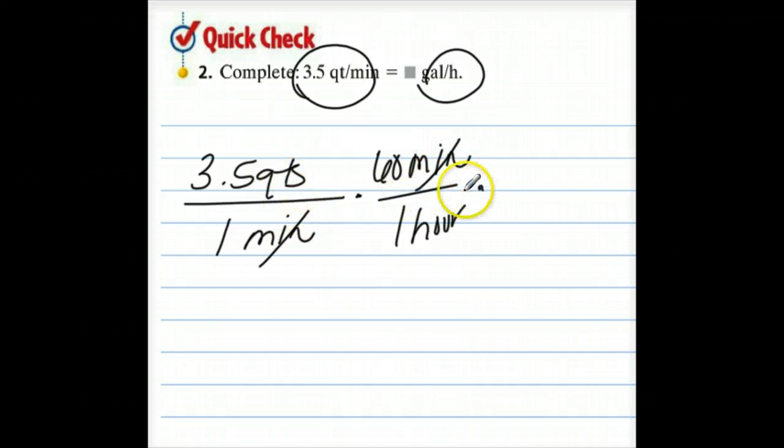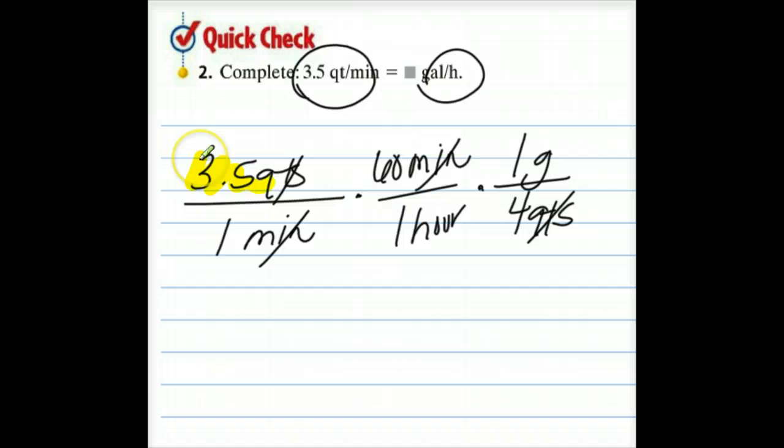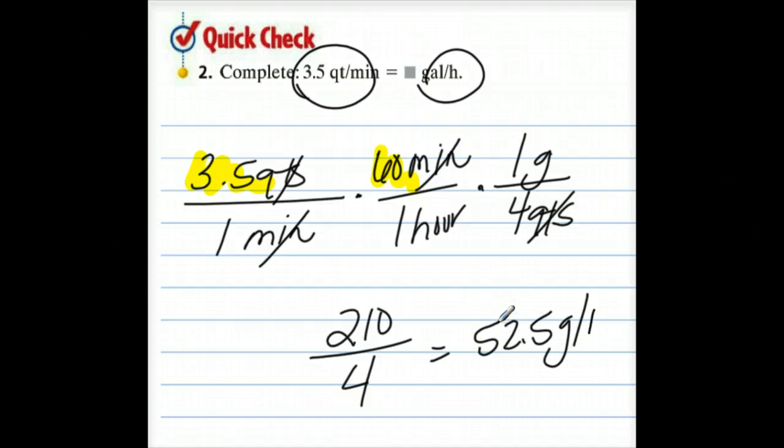And from quarts to gallons, I know from last chapter there are 4 quarts in 1 gallon. So quarts cancels. I now multiply 3.5 times 60. I get 210. 1 times 1 times 4 is just 4. Divide 210 by 4, I get 52.5 gallons per hour.